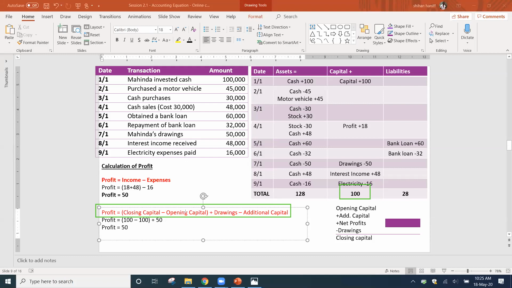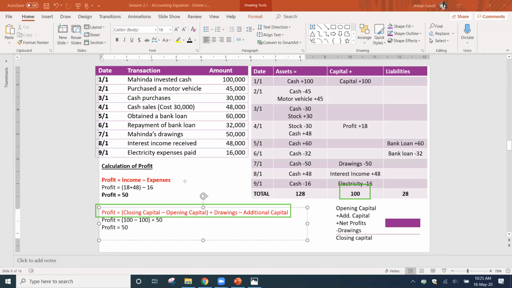If they don't maintain books, how to calculate profit? A simple way, if you are an accountant. The business says, can you find me how much profit I earn from 1st of January to 31st December?